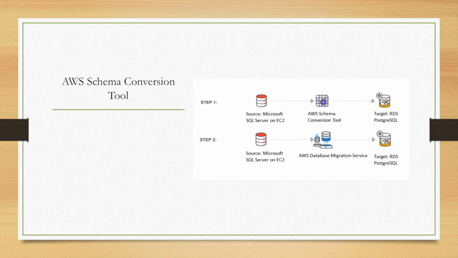AWS also provides a Schema Conversion Tool. Using this tool combined with DMS helps developers migrate data into AWS very smoothly. First, we use the AWS Schema Conversion Tool to get the target schema. And then we use the DMS tool to migrate the data into RDS.